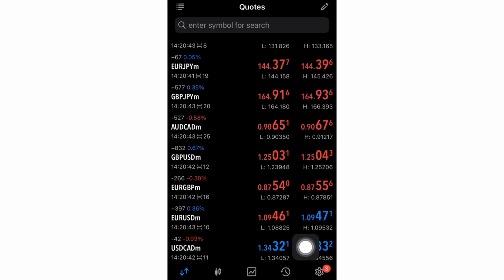This is in Canadian dollars, meaning 1.3432 is $1 in Canada. I'm giving an example in Canadian dollars. If this is Euro USD, this is representing 1 euro in dollars. So the price is always in the quote currency.